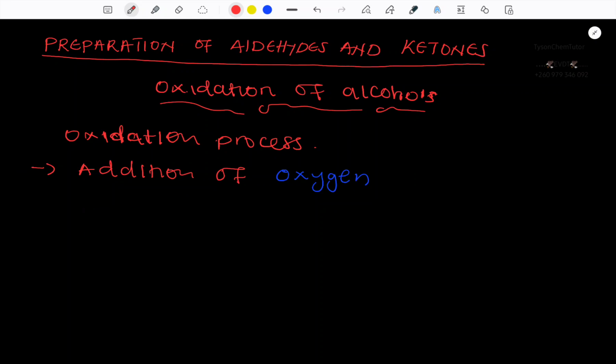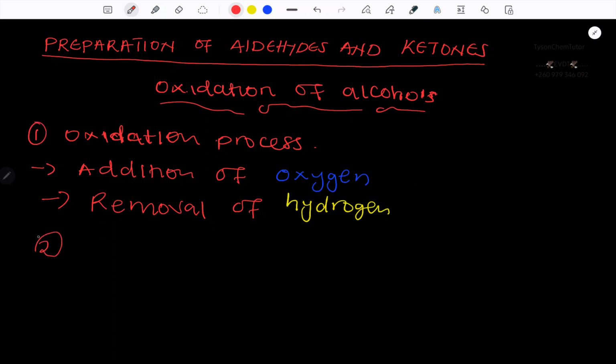So whenever we're removing hydrogen from a molecule, that process is known as oxidation. Okay, this was number one.